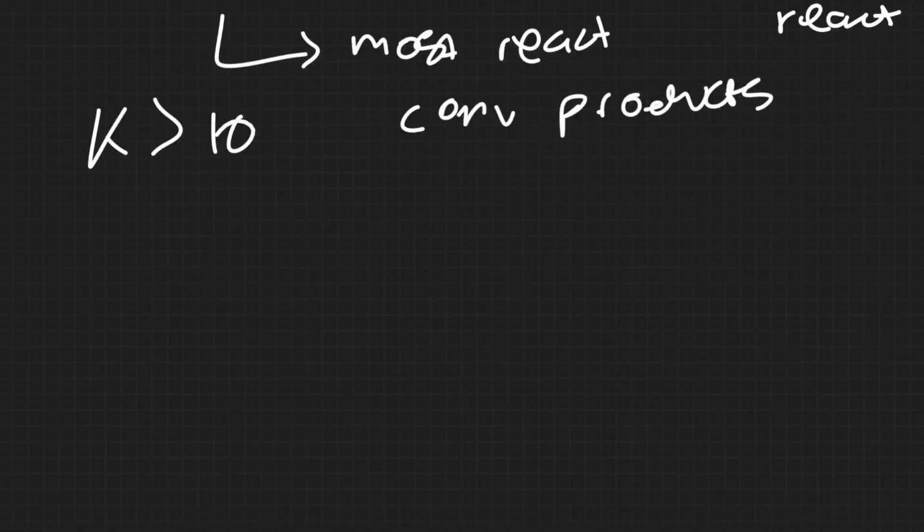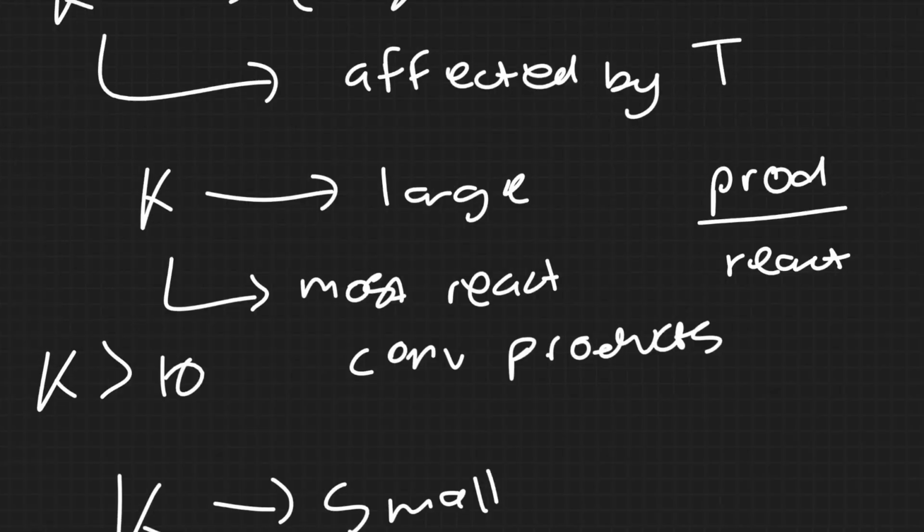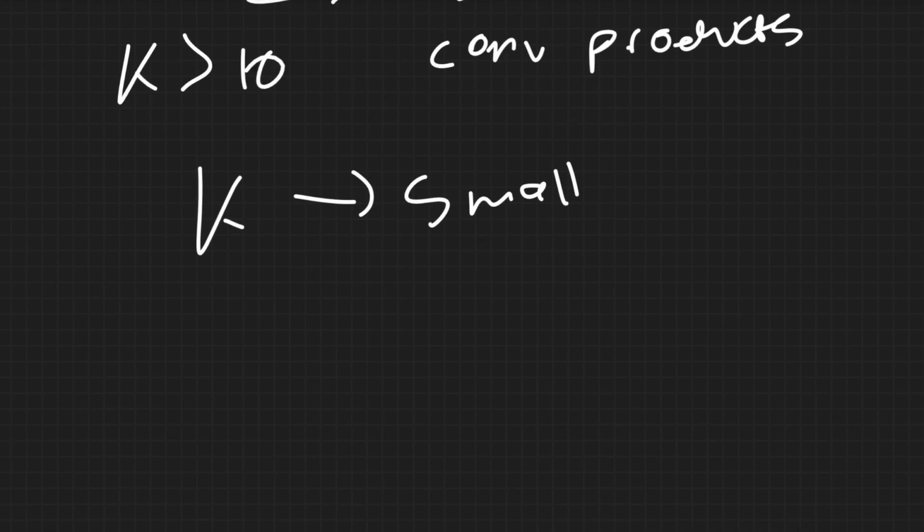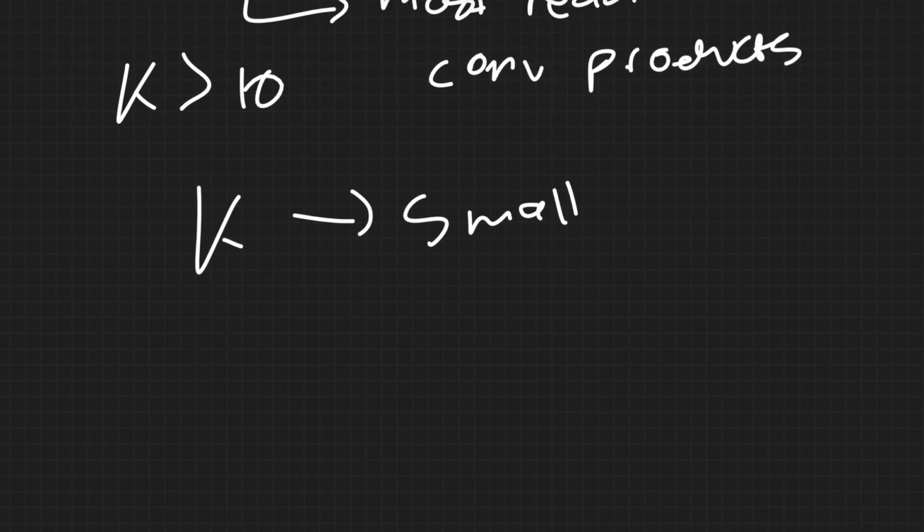And then on the other hand, if our K value is a small K value, again going back to this ratio up here, products over reactants, well, that essentially means that we have a small amount of products and a large amount of reactants.